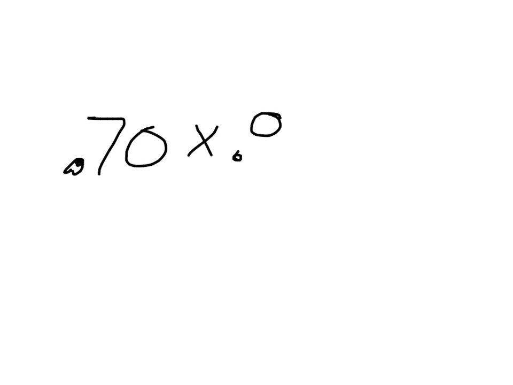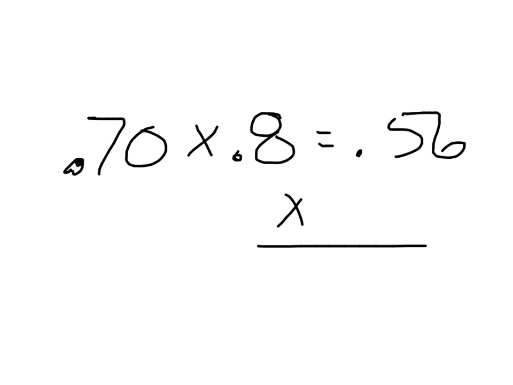So I take 0.7 times 0.8 and I get 0.56. That's what I do for part A on number 11. Then I take 0.56 and I multiply it by the list price, which was 620, and that gives me part B. So for part A, you find the complements of those chain discounts and multiply them together. Then you multiply it by the list price, and that gives you part B.